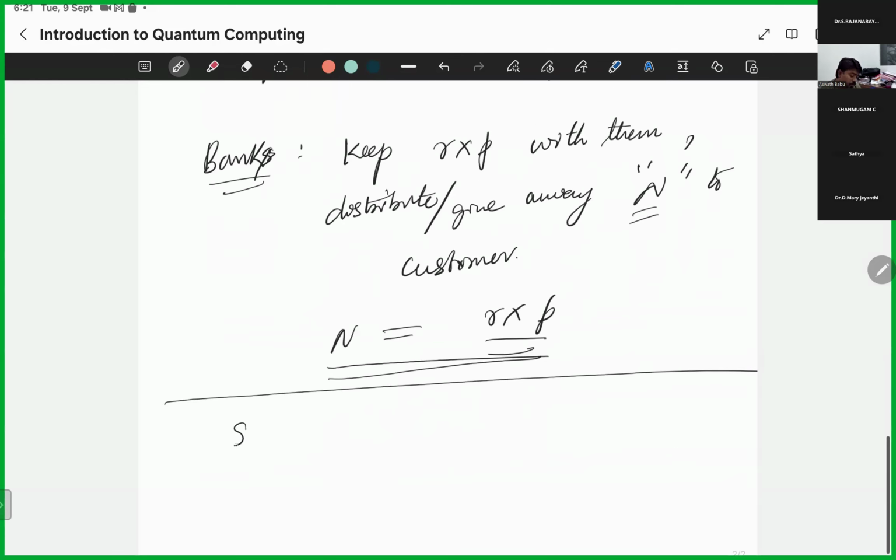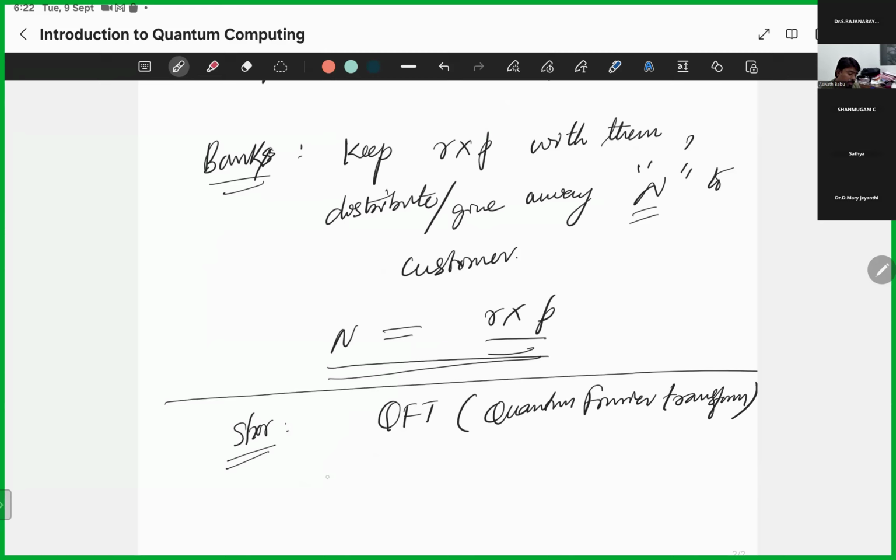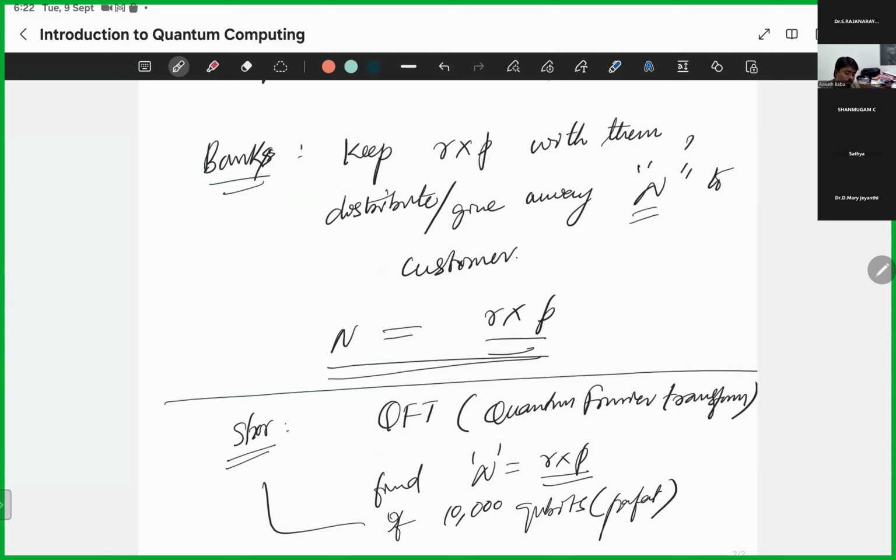Now Peter Shor came and used a quantum Fourier transform. And he said he can find the factors of the large number if 10,000 perfect qubits are given to him.